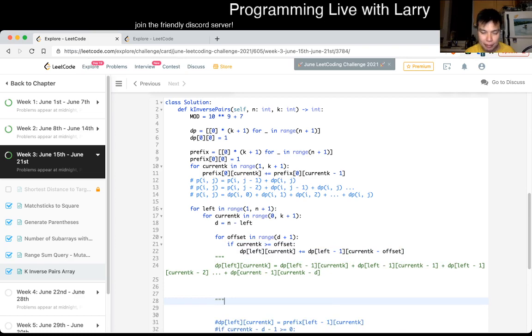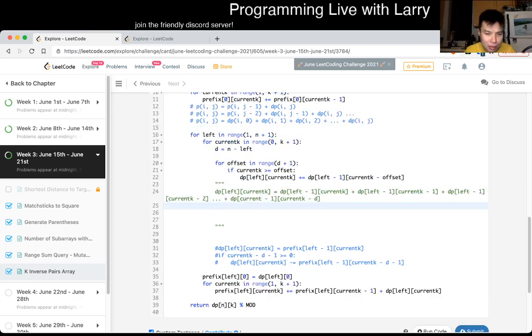If I had written this out, this would actually be way more obvious, but I was very sloppy. So now, what is this thing too?